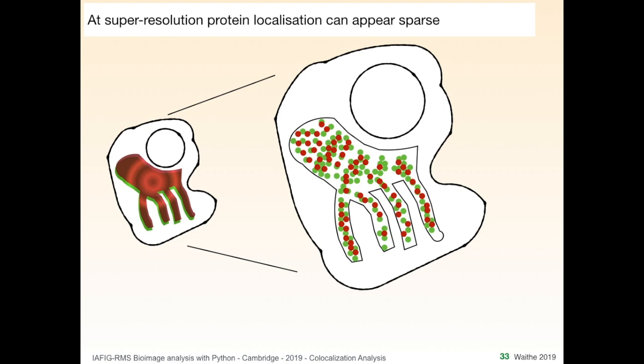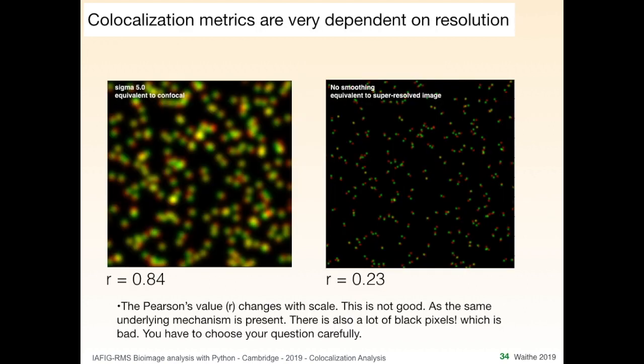And the problem with that is that from the simulation, you can see that when they overlap, in the good old days, then you get a high colocalization, but with the same distribution at higher resolution, you get a Pearson's value of 0.23 because it's such high resolution that you can see when proteins are next to each other, but unless they're absolutely on top of each other, then they won't appear colocalized. So the use of our metrics kind of breaks down. It's very scale dependent, basically. And this is interesting and we have to do something about it.